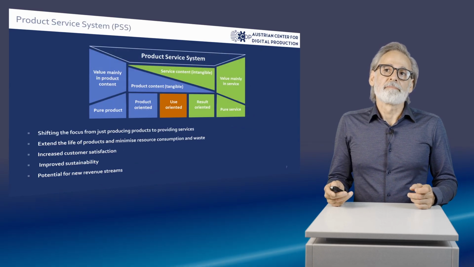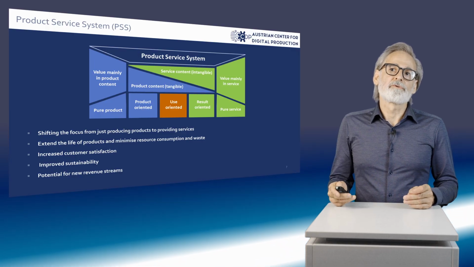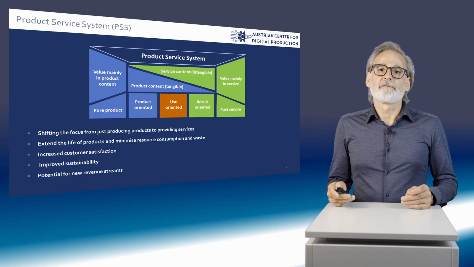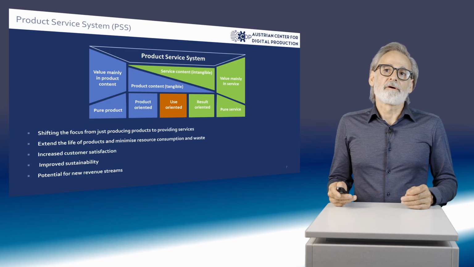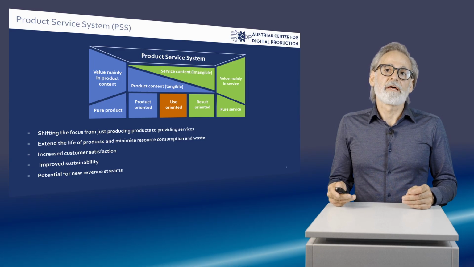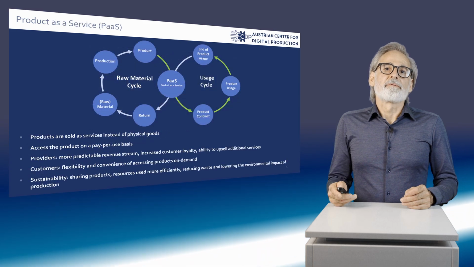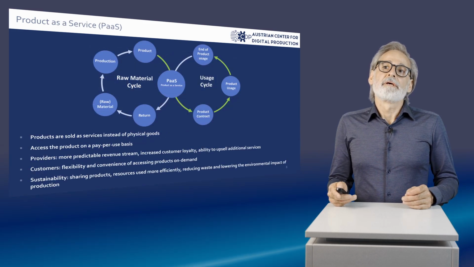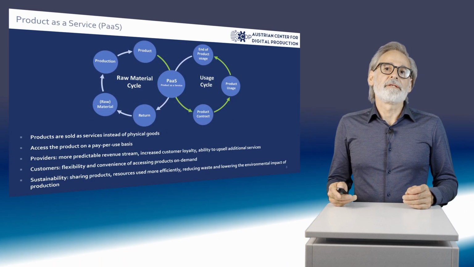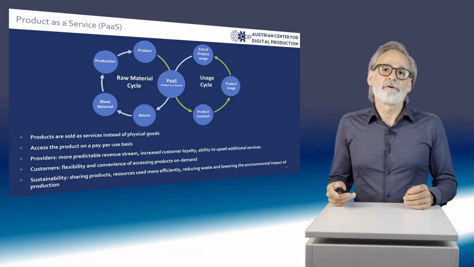Product service system. This model is about shifting the focus from just producing products to providing services. For example, the company offers not only the product but also the service life and related services such as maintenance and repair. The product as a service is a circular economy model based on the idea that products are sold as a service instead of as physical goods.